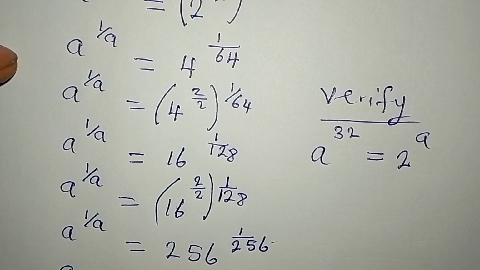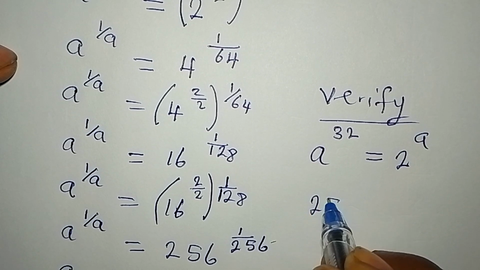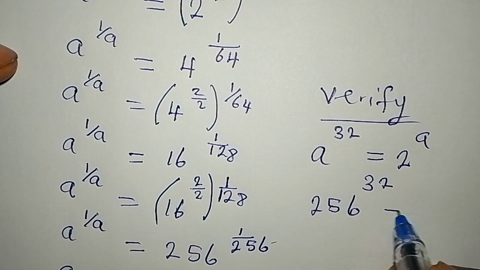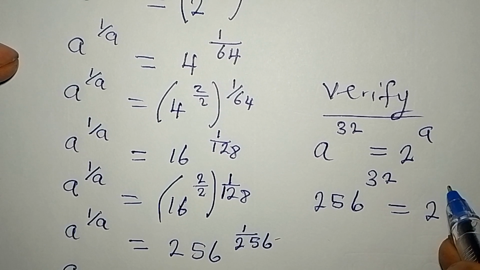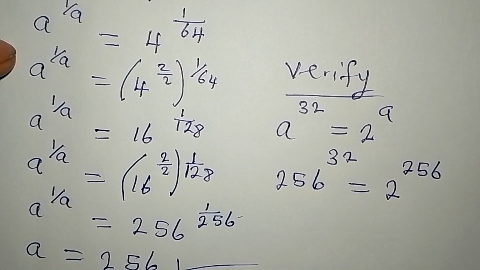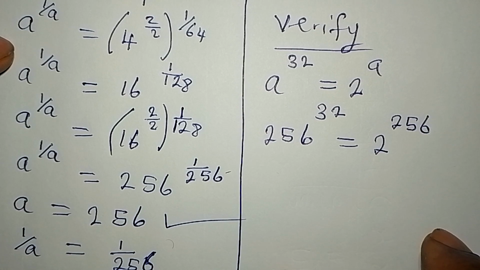But now we're having a to be 256, right? So we have 256 to the power of 32. Will this be equal to 2 to the power of a is 256? So do you think what we have on the left and on the right are equal?